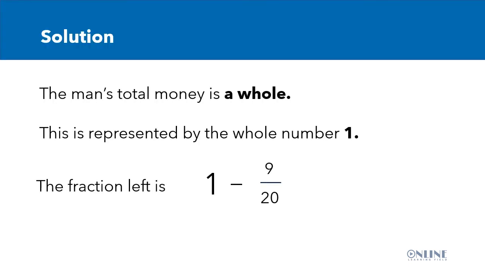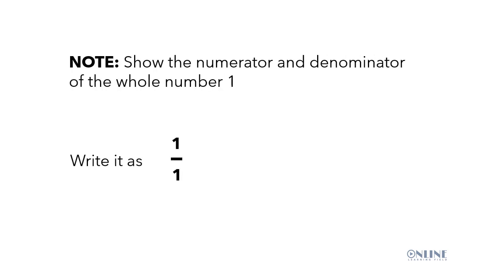Remember, a whole number is written as 1 in mathematics. To calculate the fraction of the man's money left, we subtract 9/20 from 1, which represents the whole money. To carry out this subtraction, the whole number 1 will be written as 1/1. The value of 1 remains the same.